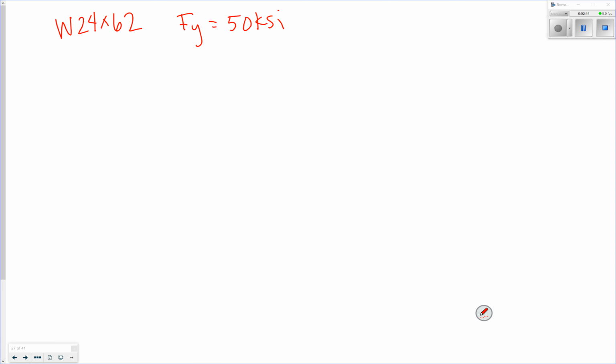Now remember, the only reason we can use these design tables is because of the assumptions of 50 ksi yield stress and a Cb value of 1. If those two things weren't true, we couldn't use our design tables.